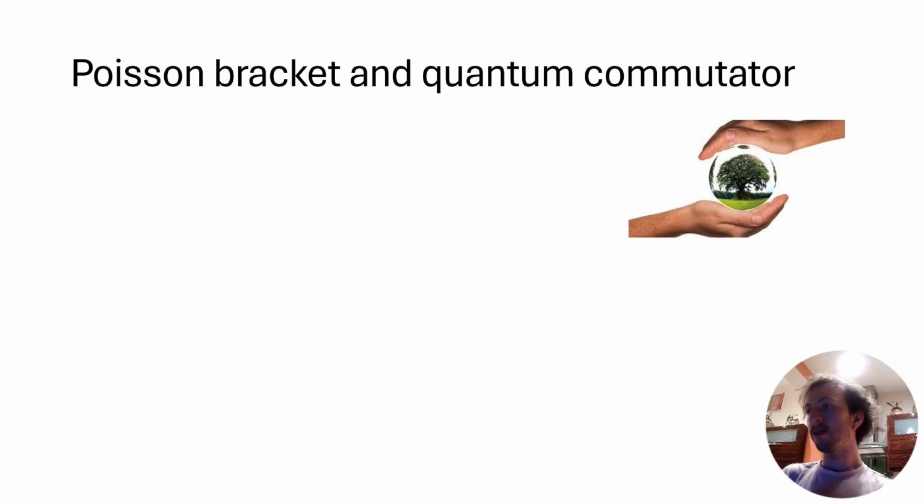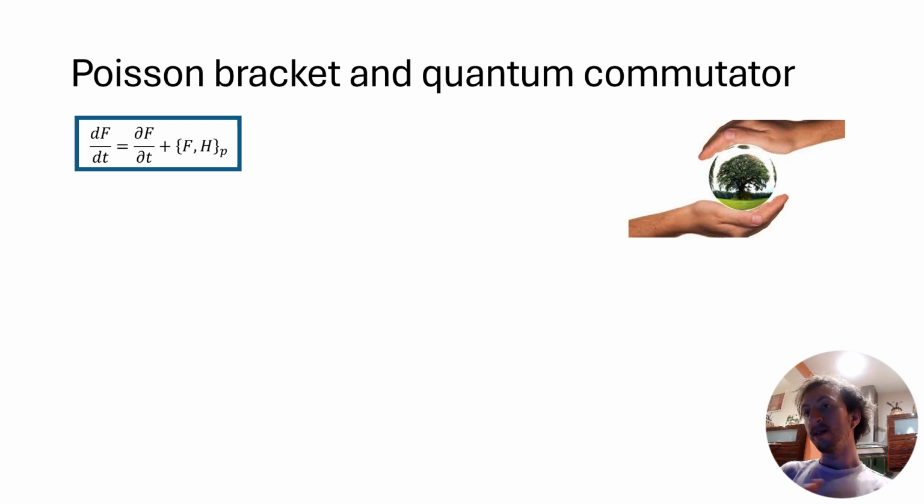But anyway, here is a very light overview with admittedly some simplifications for the quantum commutator. So, the time derivative of f, as we said, is equal to the partial derivative of f with respect to time plus the Poisson bracket with respect to f and the Hamiltonian.